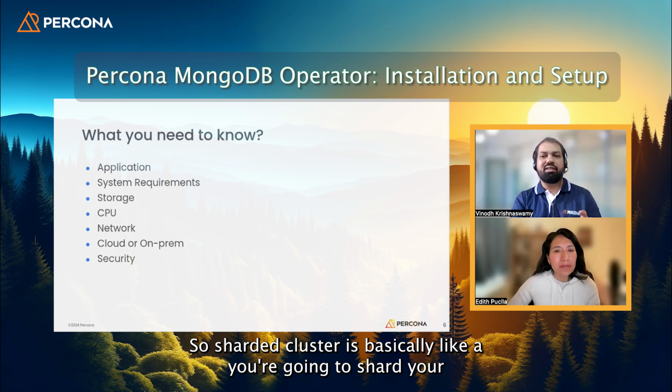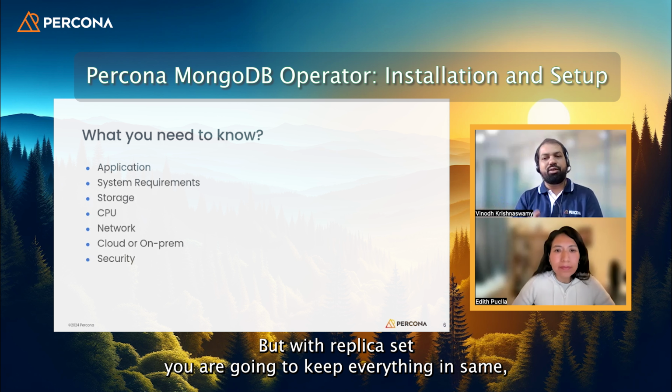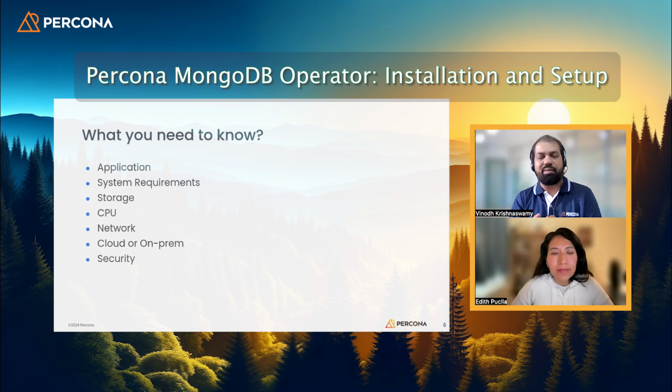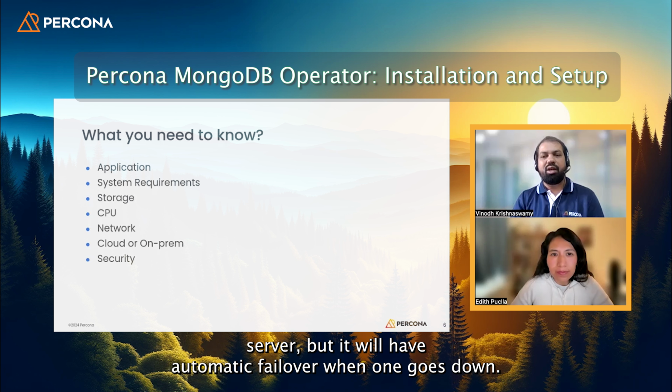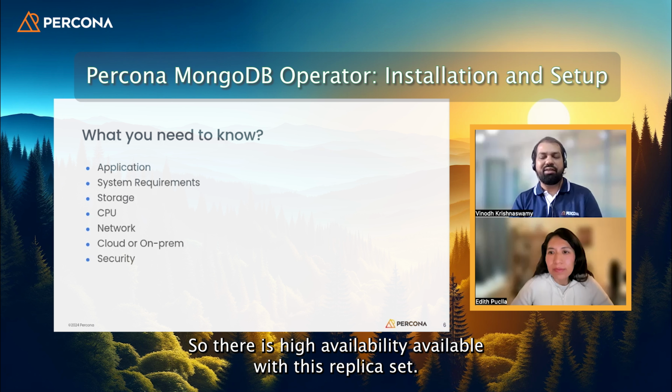A sharded cluster is basically where you shard your data into multiple shards. But with a replica set, you keep everything in the same server, and it will have automatic failover when one goes down, so you will not lose your data. So there is high availability with a replica set.